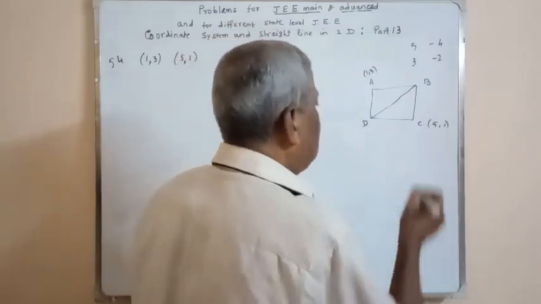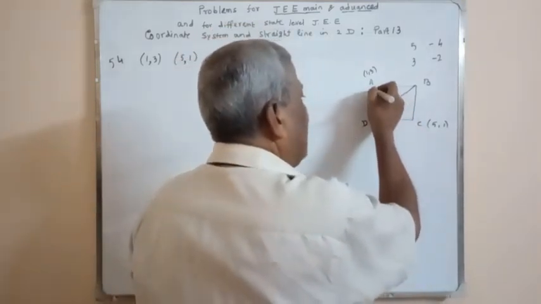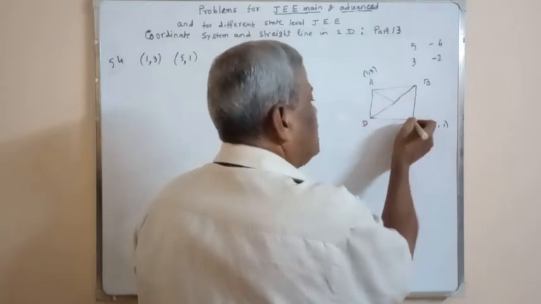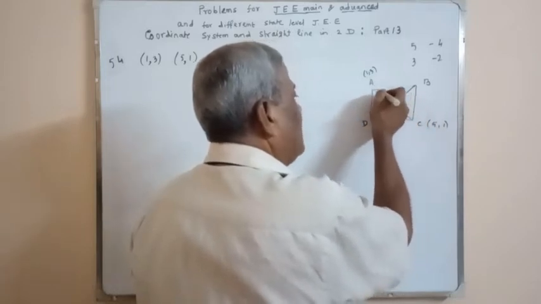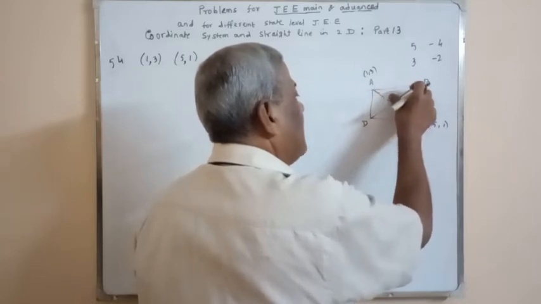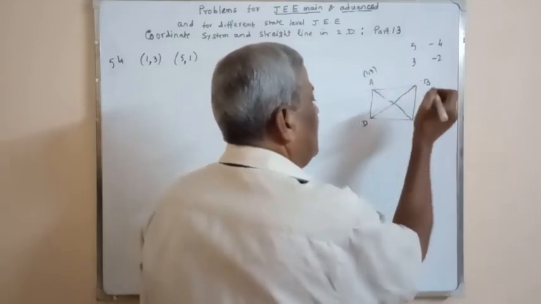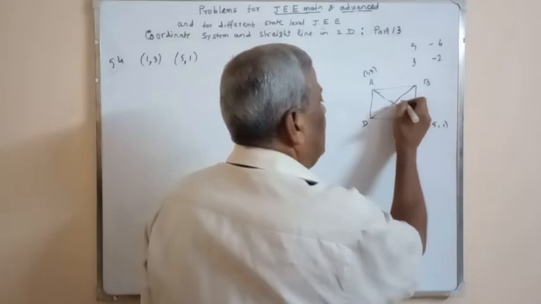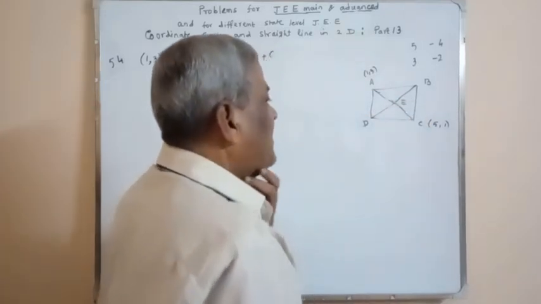Now, as it is a rectangle, its two diagonals meet at their midpoints. Suppose E is the midpoint of the diagonals.